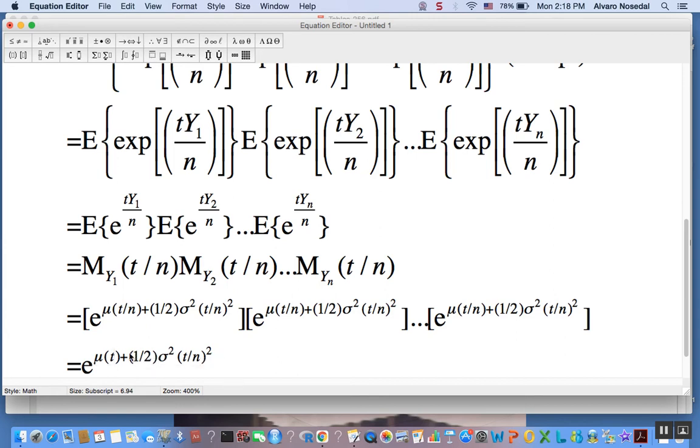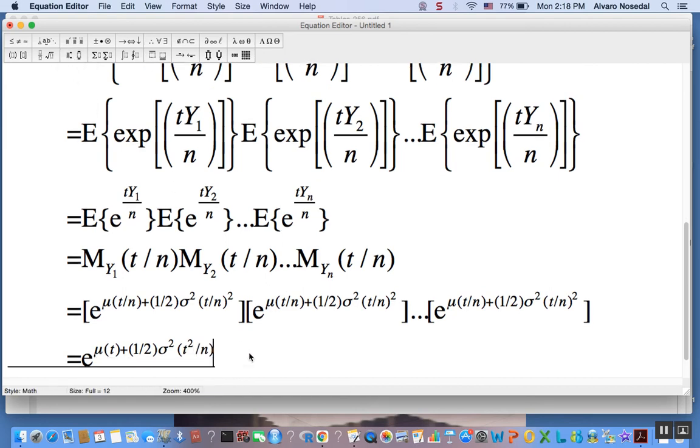So we're going to have n divided by n squared. So one n is going to cancel out, but this guy will be t squared. Make sense? Can you see it?